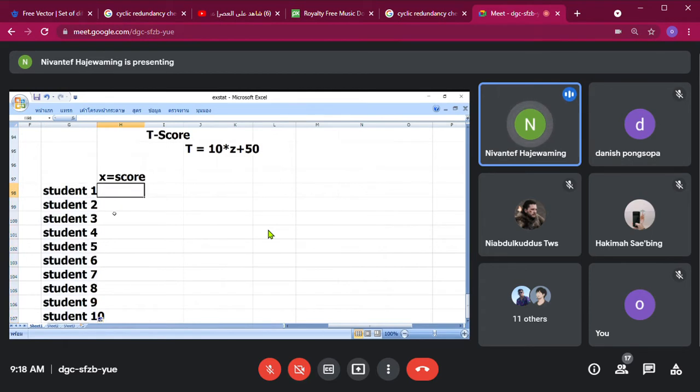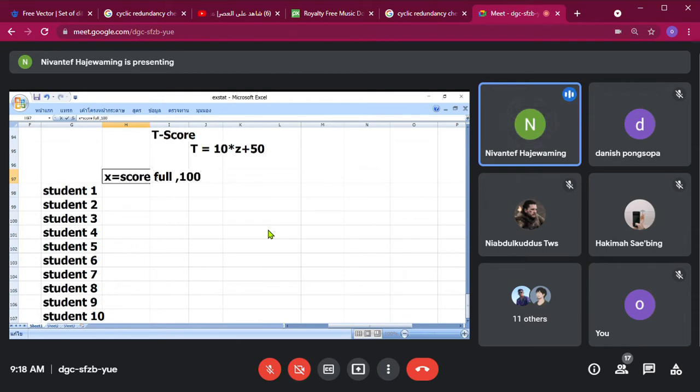Student number 1 gets score X. Assume the full score is 100.